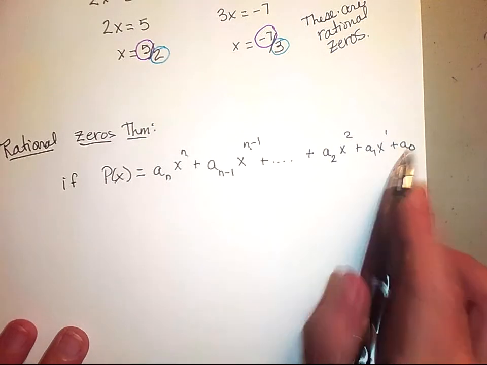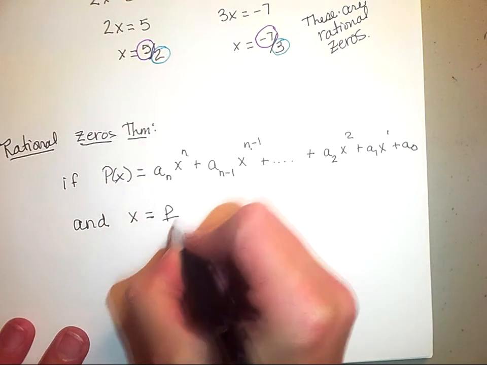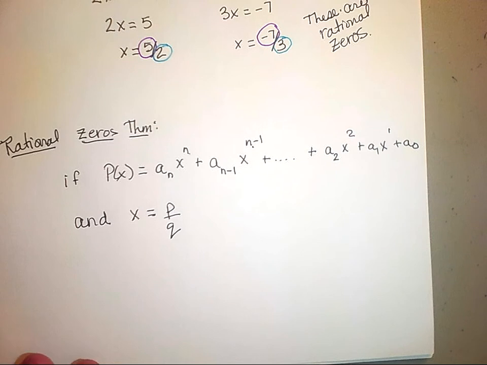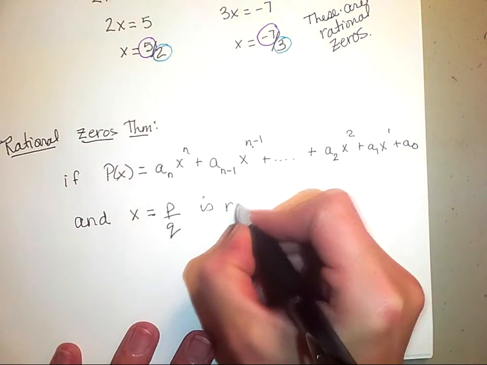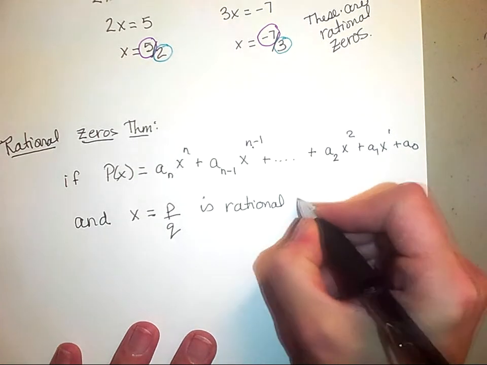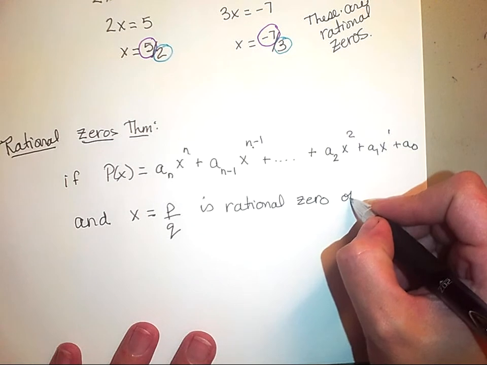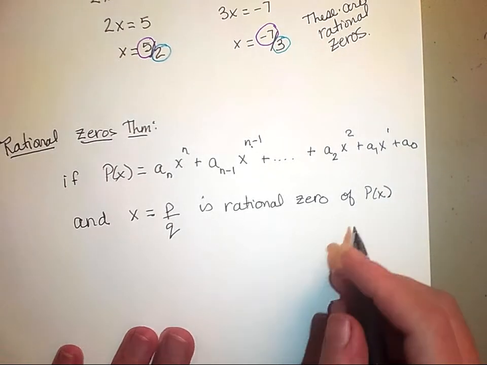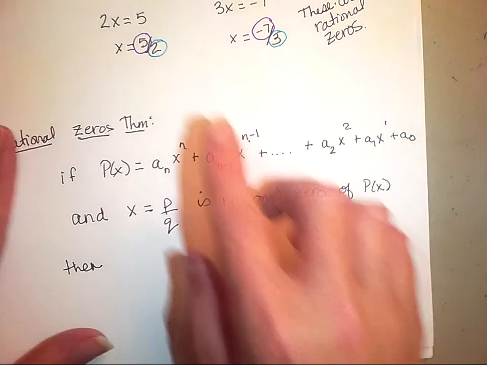And if x is equal to p over q, that is, if this is a fraction or is a rational zero of our polynomial, then what can we say? Well, we can say this. From here, let's look again before I tell you this.